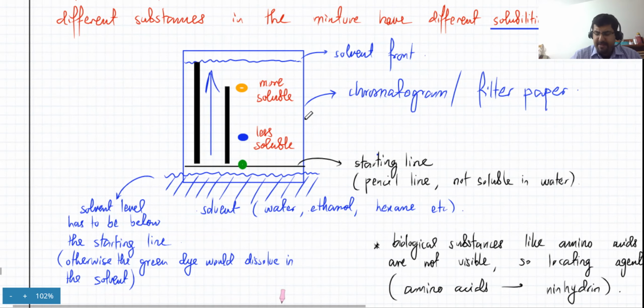Let's give them some hypothetical values. For example, I'm going to say that this is 4 centimeters, just a hypothetical value, and this distance over here is 5 centimeters. In your exam, you would have to measure this value using a ruler. You just put a scale next to it and you measure the distance.